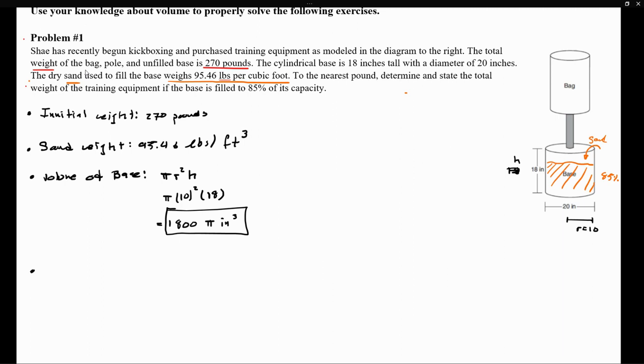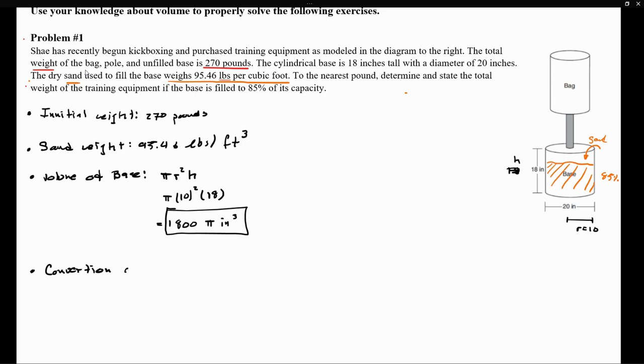The sand is given to us in cubic feet, and the volume is given to us in inches cubed. So we want to either convert the weight of the sand to inches cubed, or convert the volume of the base to cubic feet. Whichever of those two, we just have to make sure that the units match up. So that's exactly what we're going to be doing now. Let's convert some units.